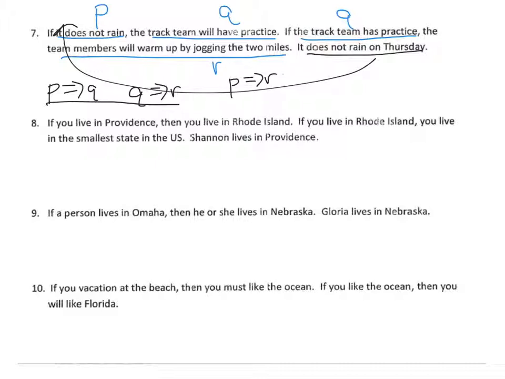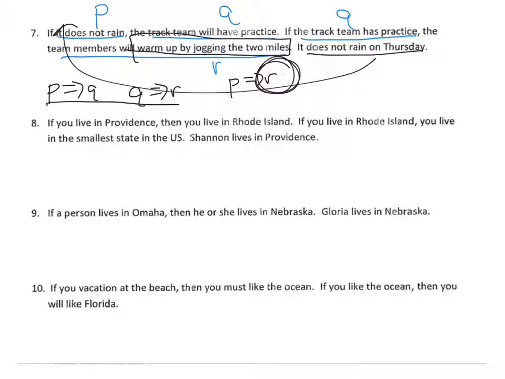So we're given that it does not rain on Thursday, so then we know that R is true. So we know that the team members will warm up by jogging 2 miles. So your answer is the team members will warm up by jogging 2 miles.